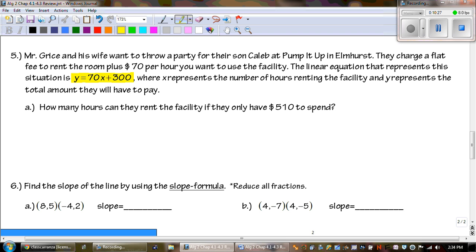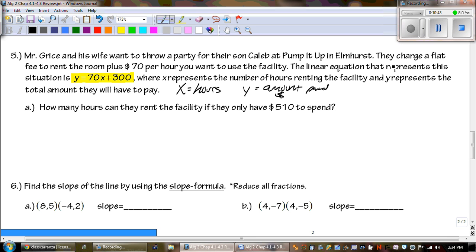So the first thing I want to do again is figure out what is my x and what is my y. So it says x represents the hours and y is the amount paid. Okay, it's the money.